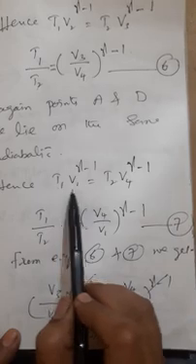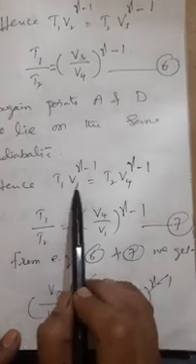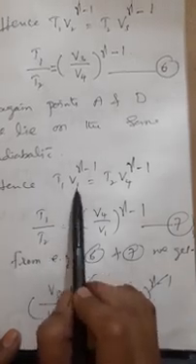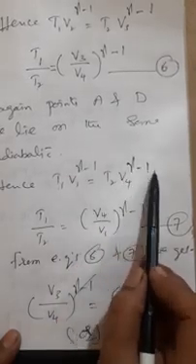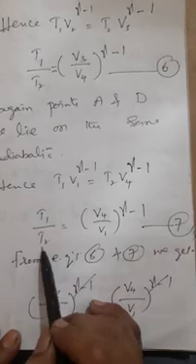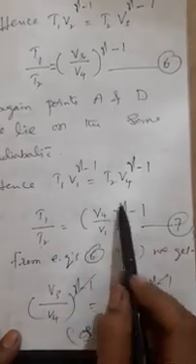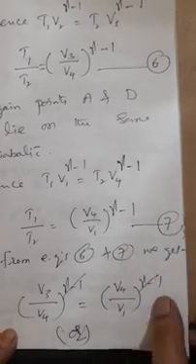So that's why we can write in terms of volume and temperature, the adiabatic equation is T1 V1 to the power of gamma minus 1 equal to T2 V4 to the power of gamma minus 1. Then T1 by T2 can be written as V4 by V1 to the power of gamma minus 1. Let us take this as equation number 7.